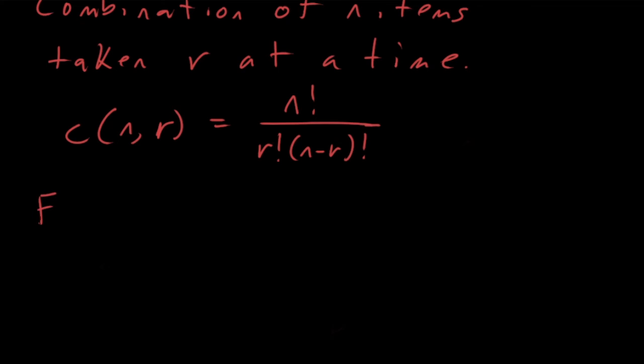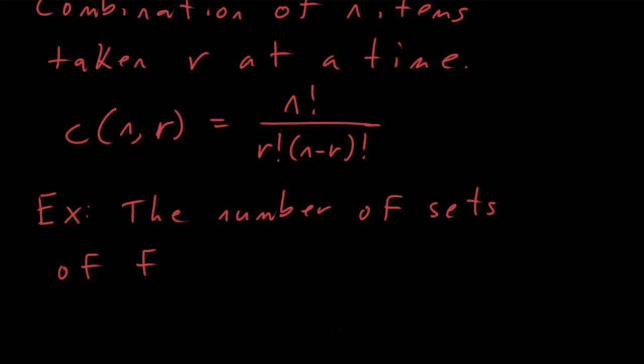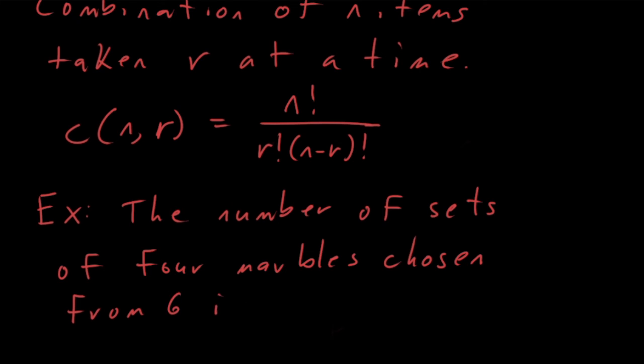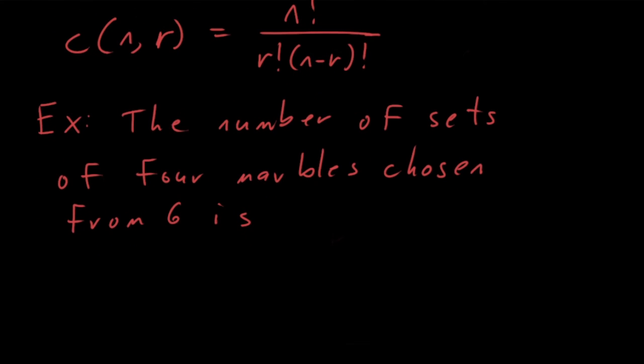So example, the number of sets of 4 marbles chosen from 6 is, so this is going to be C of 6 comma 4.